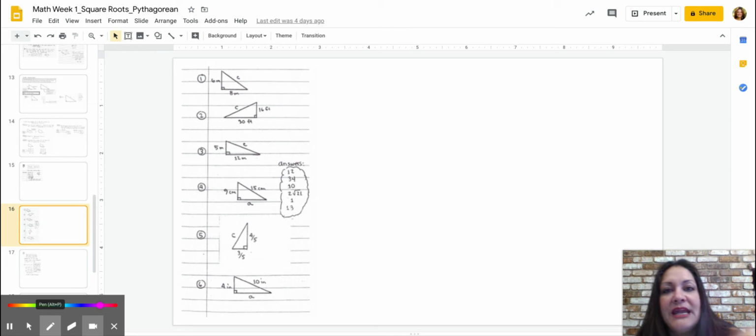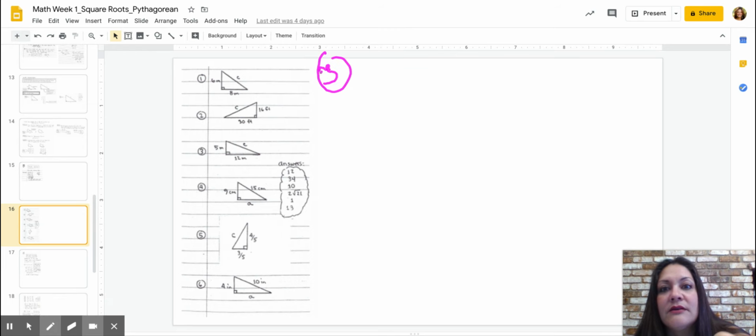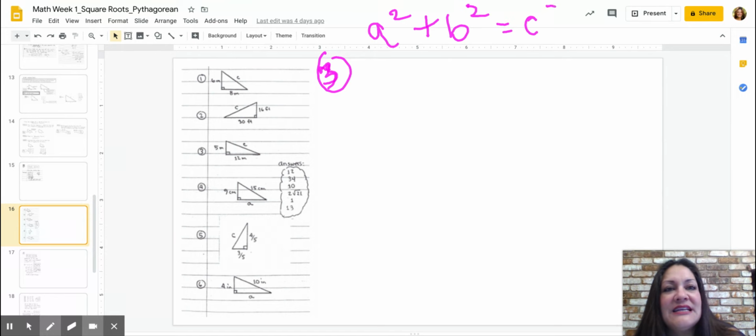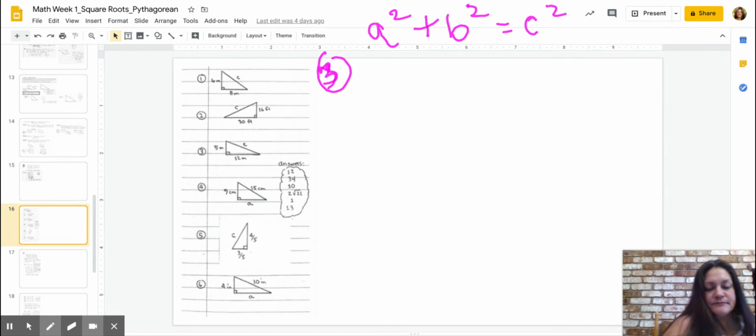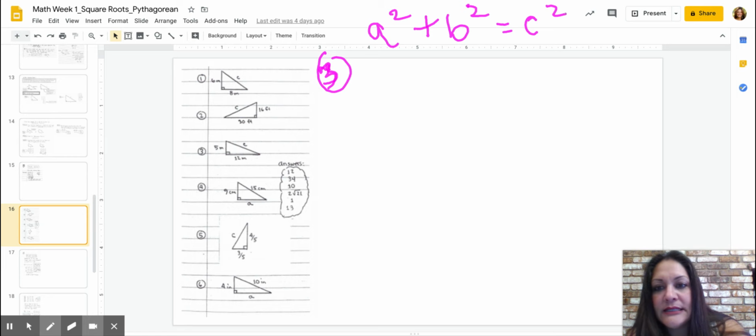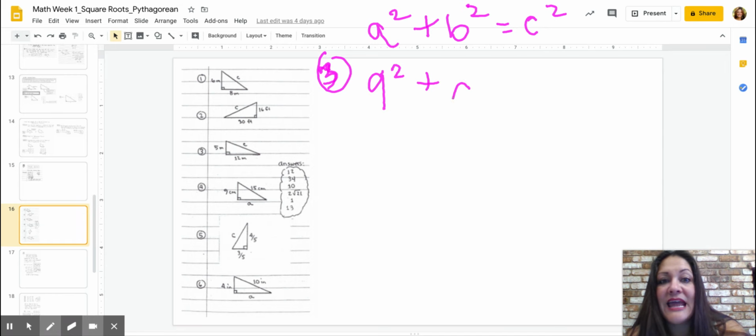Number 3. That's a 3. Oh, it's an ugly 3. There we go. Still ugly. a squared plus b squared equals c squared. Okay, 9 centimeters plus a.